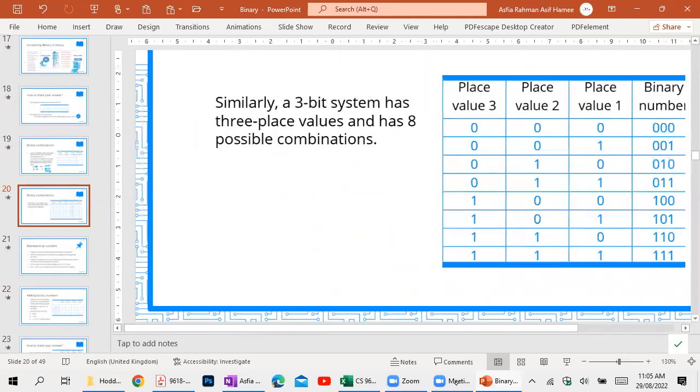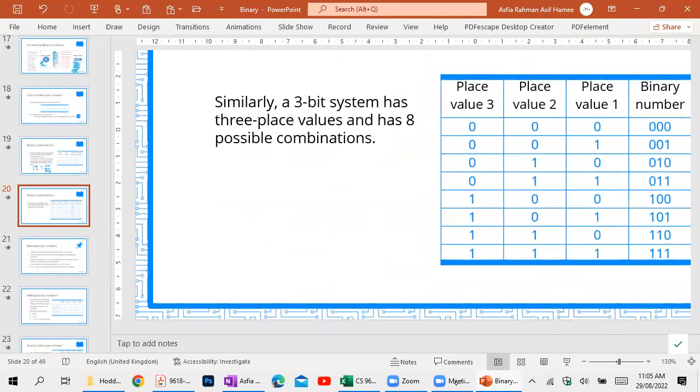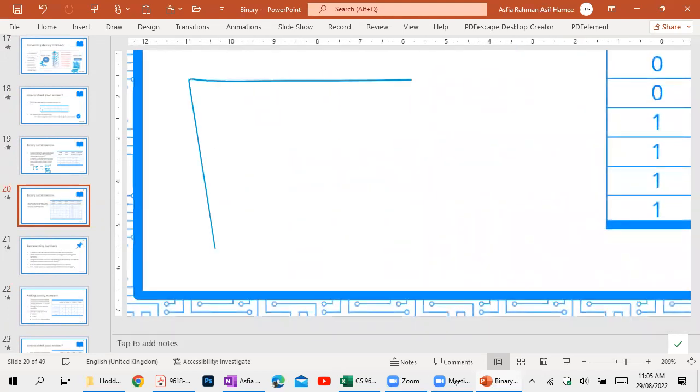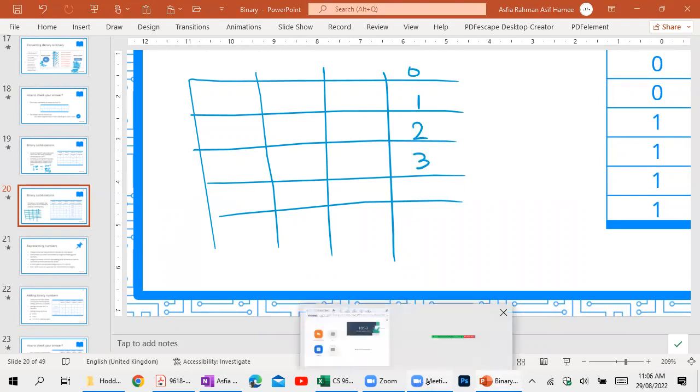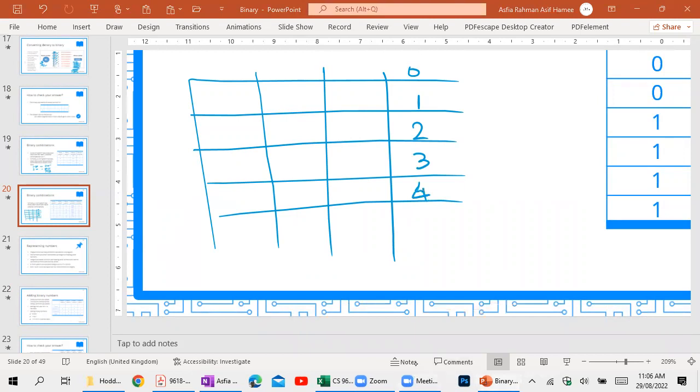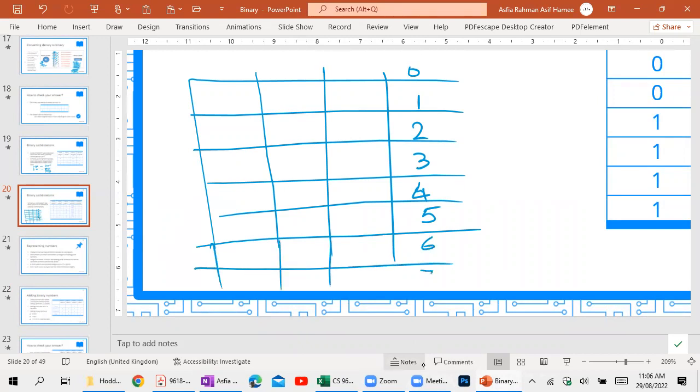So how to write this table? The easiest way: here we write 0, 1, 2, 3, 4, 5, 6, 7, and 8 would come below.